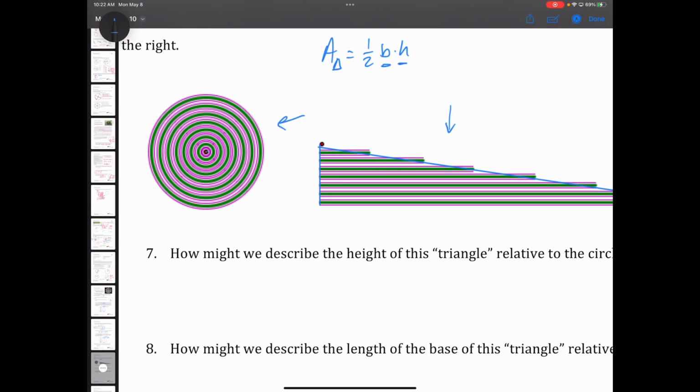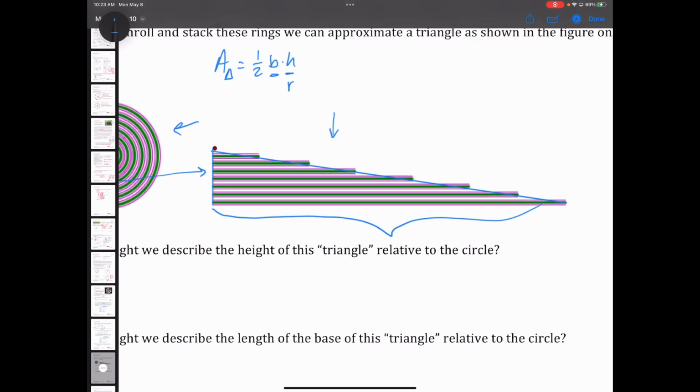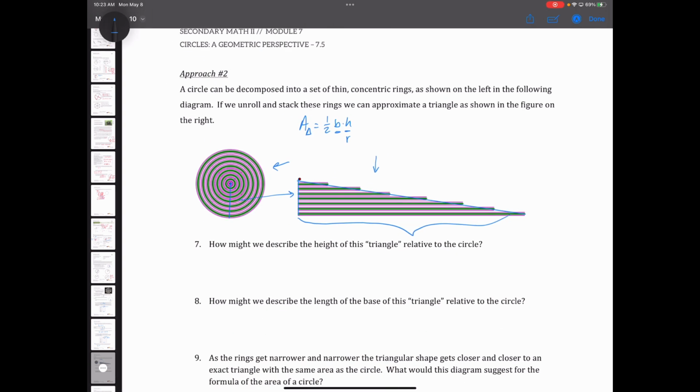Oh yeah, look at this right here. This radius is actually just the height, right? So instead of height, we can say radius. What about the base of this triangle? What is this whole thing? Yeah, it's the circumference, right?